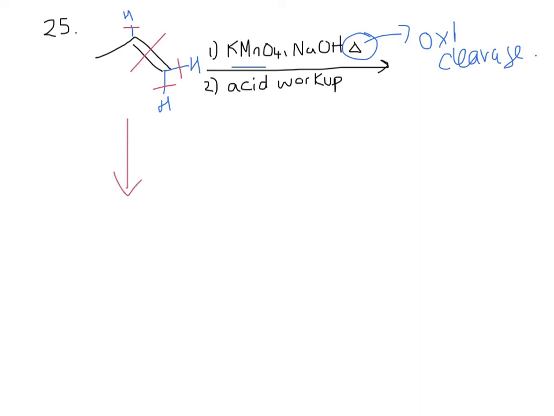So as we saw in an earlier example, the molecule on the left, the carbon-carbon bond remains the same. The double bond goes to become a double bond O, and the one on the left, my hydrogen bond is now replaced by an OH bond, and the hydrogen here comes from my acid workup.